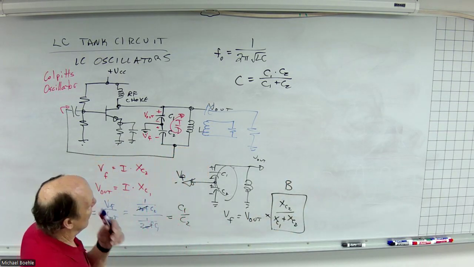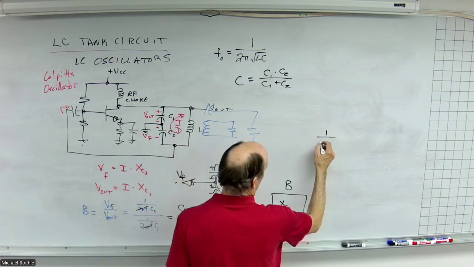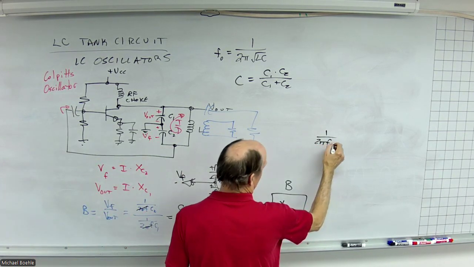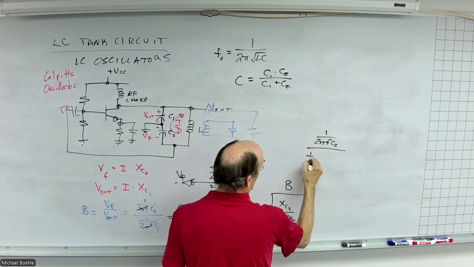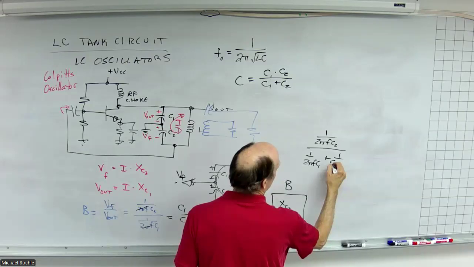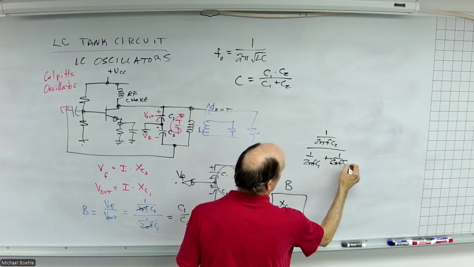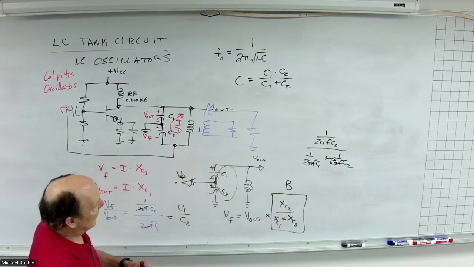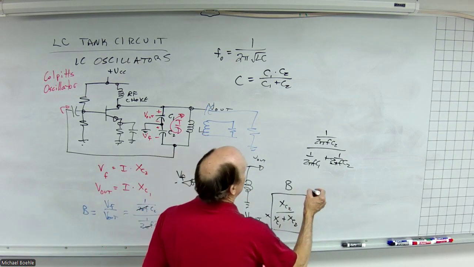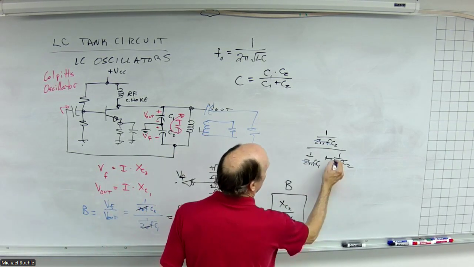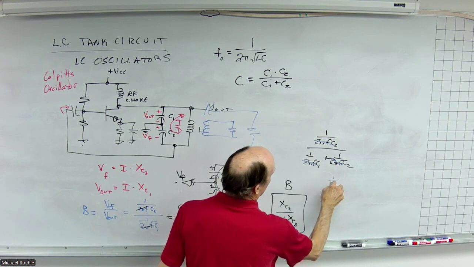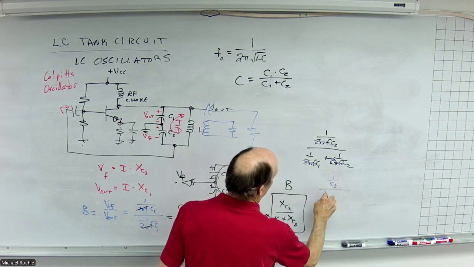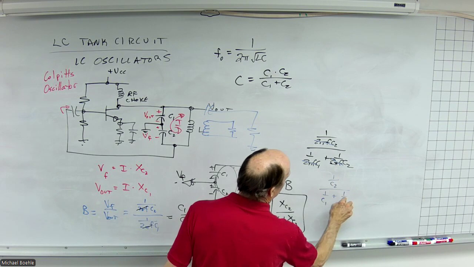And then if you do the math on that, 1 over 2 pi f C2 divided by 1 over 2 pi f C1 plus 1 over 2 pi f C2, right? That's basically what that is. And so again, all the 2 pi f's cancel. So now we have 1 over C2 divided by 1 over C1 plus 1 over C2.